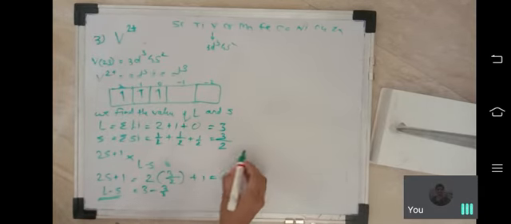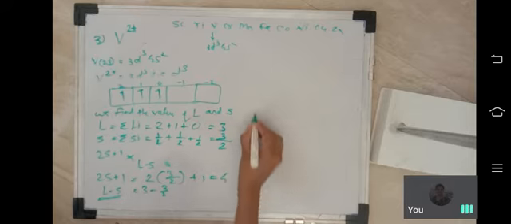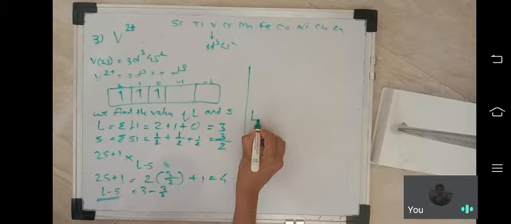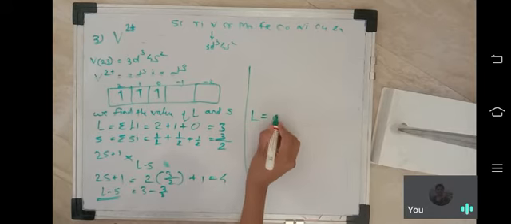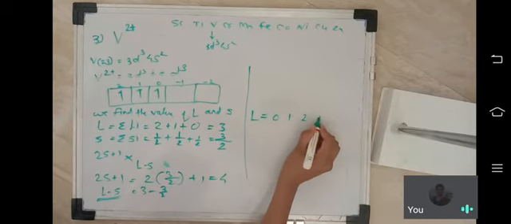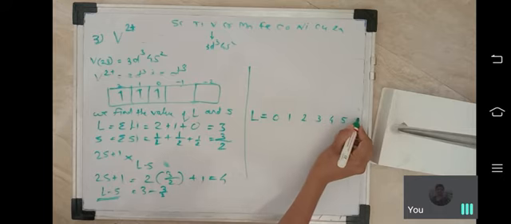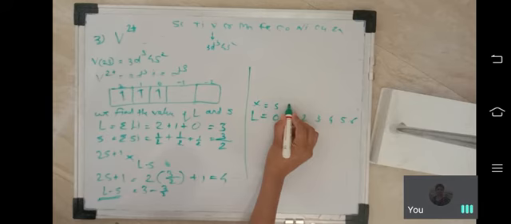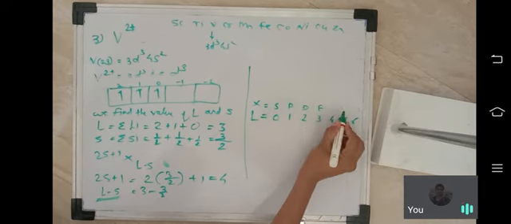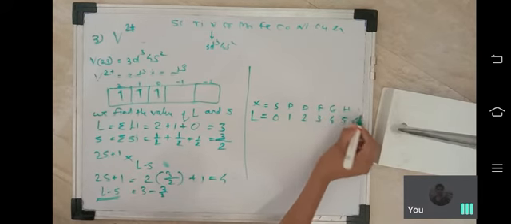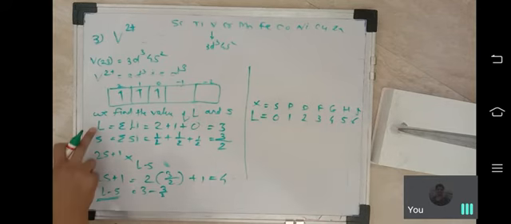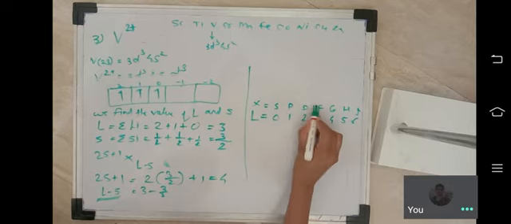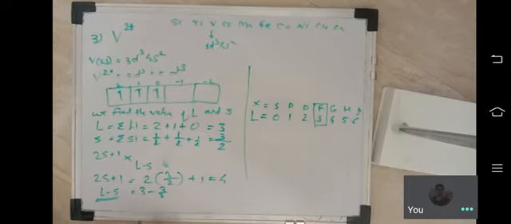Okay, then L is, why we take it here first, important: L is equal to 0, 1, 2, 3, 4, 5, 6 and X is equal to S, P, D, F, G, H, I. Here the value of L is 3, so we take F as the ground state term.